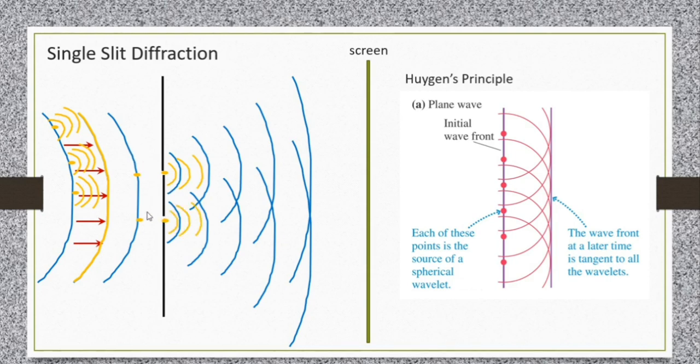All the rest of these get blocked because there is a barrier here, so they're not going to interfere with these points here. We will just see these spreading out. So it was always diffracting, only we notice it when there is a barrier.